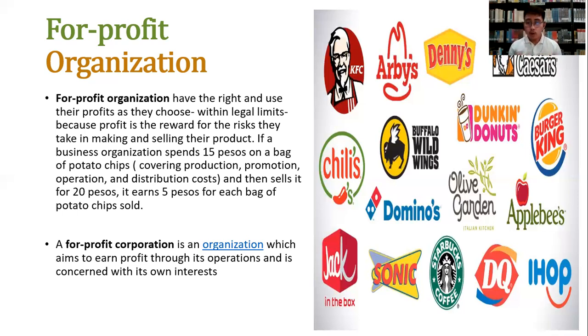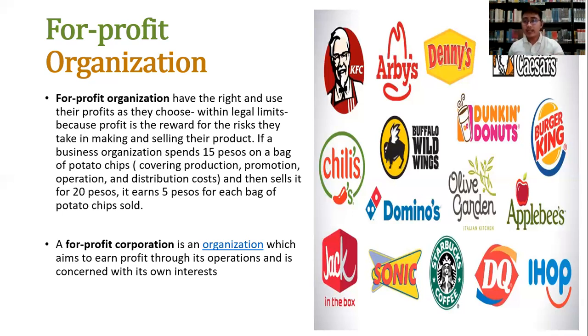So doon sa profit na yon, it's up to you kung anong gagawin mo sa profit na nakuha mo. So pwede mong idagdag na capital for your business or pwede mo naman ialis sa negosyo at gamitin mo sa pansariling kagustuhan. So tandaan, ang for-profit organization is aiming to earn profit.